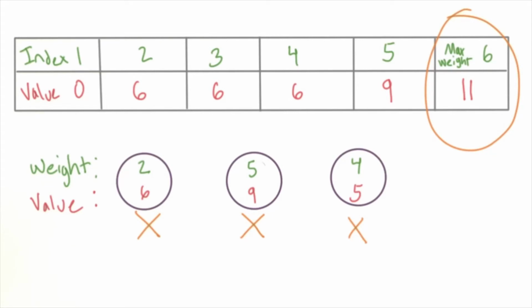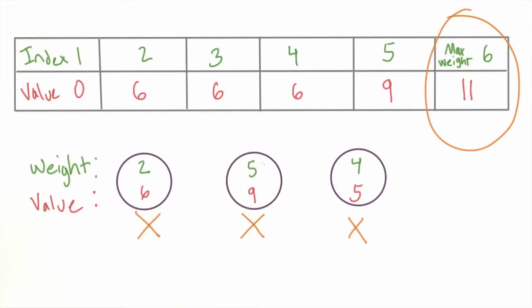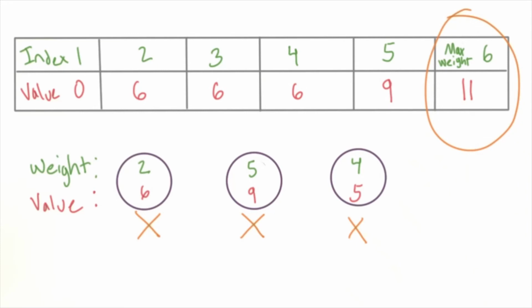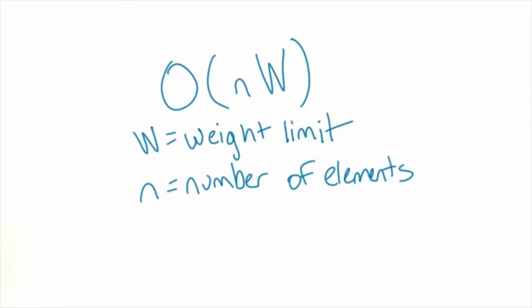Here, we're taking advantage of the table to store pre-computed maximum values. So we only need to do the work once to get those numbers. We go through every object and check if it can increase the maximum value of every possible weight up to our maximum weight. Thus, the runtime is n times w, where w is the weight limit of our knapsack and n is the number of elements.